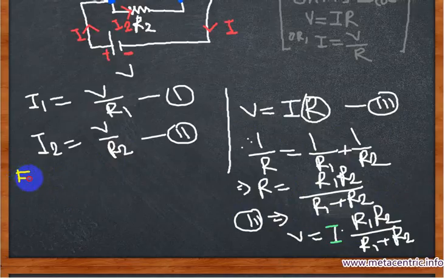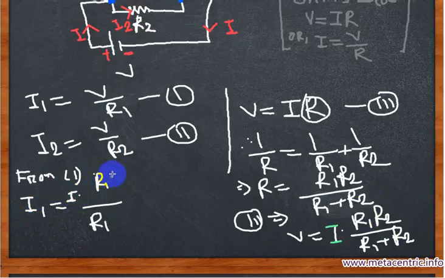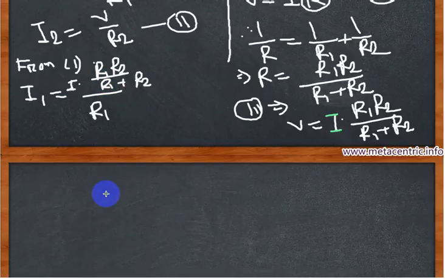From 1, we can write I1 equals V over R1, so in the denominator there should be R1. We replace the value of V by this: I into R1 R2 divided by R1 plus R2, right? We have replaced the value of V.